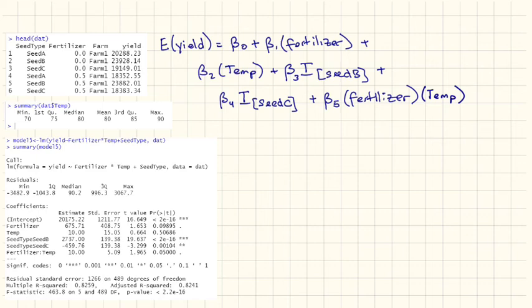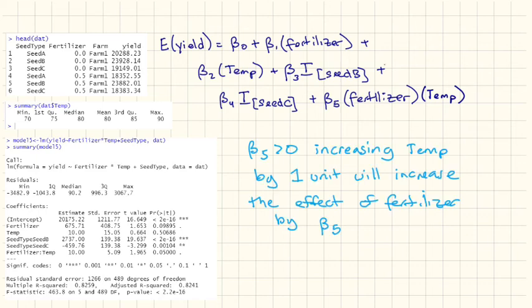I already have the summary statistics for temperature, so we'll look at that one. Since beta 5 is positive, that would mean that increasing temperature will increase the effect of fertilizer. Right? So the effect of fertilizer is going to be the beta 1 plus the beta 5 times the temperature.